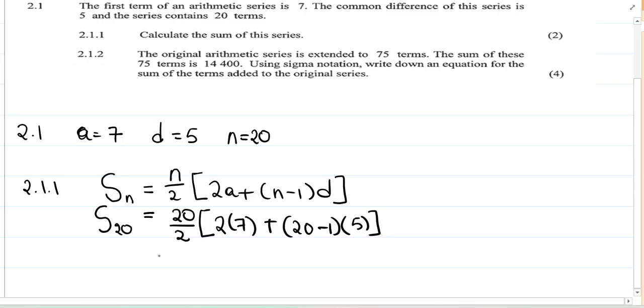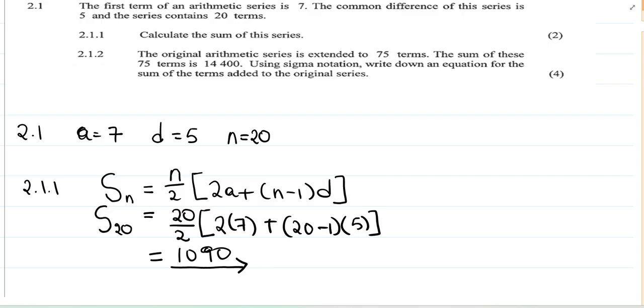Now your job will be to plug this into the calculator, and you get 1090. So this is the answer for 2.1.1.